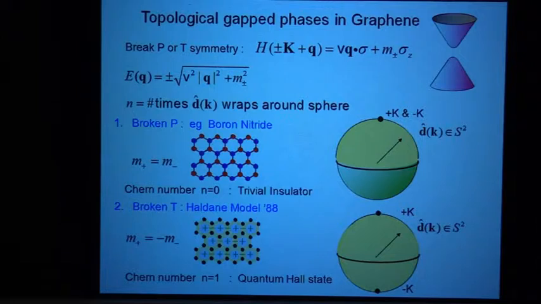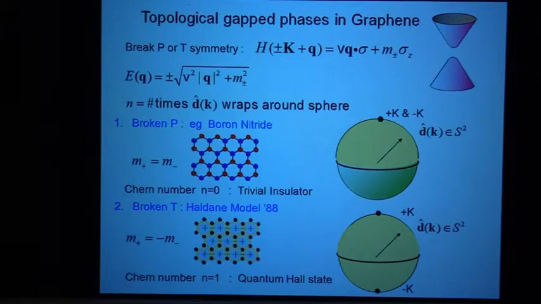If I make this difference very small, so that the band structure is only significantly affected near the Dirac points, then basically the d vector is going to spend most of its time living in the xy plane, except near k and k prime, where it's going to go up to the north pole.